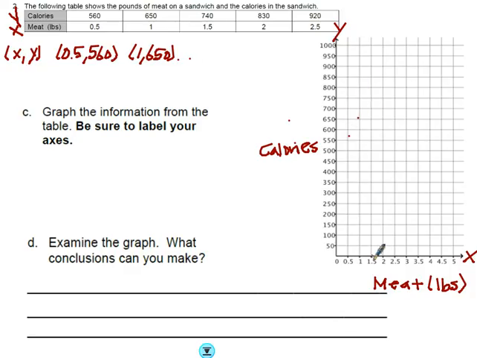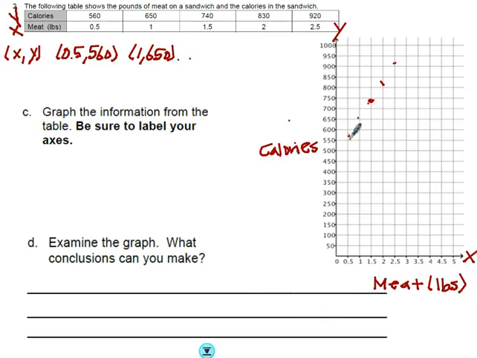Then 1.5 comma 740, so that's going to be around here. Can't really draw the points. The next one is 2 comma 830, so between 800 and 850 in the middle. And then the next one is 2.5 comma 920, so a little close to 900.